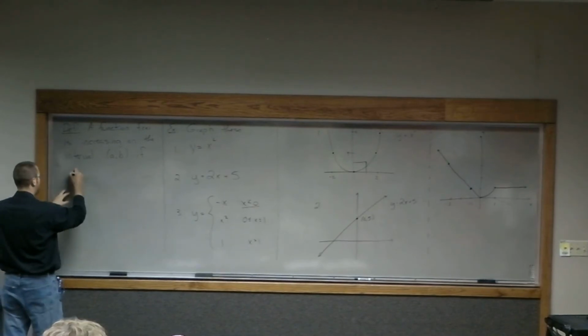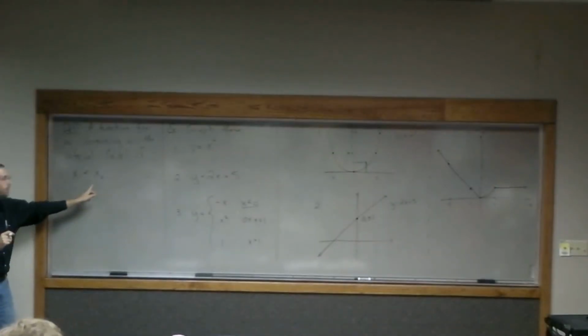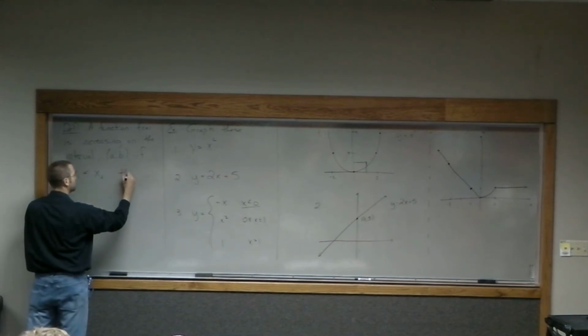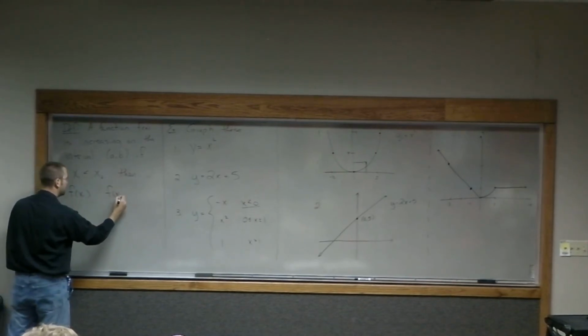So if x1 is less than x2, as the x values go up, what happens to the y values? The y values are f of x1 and f of x2.